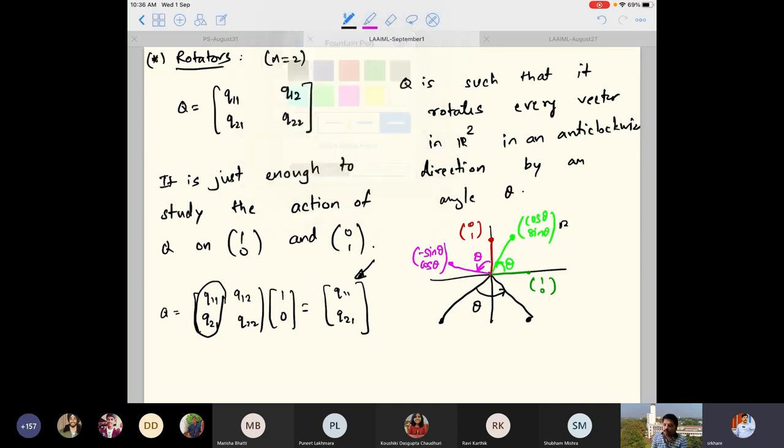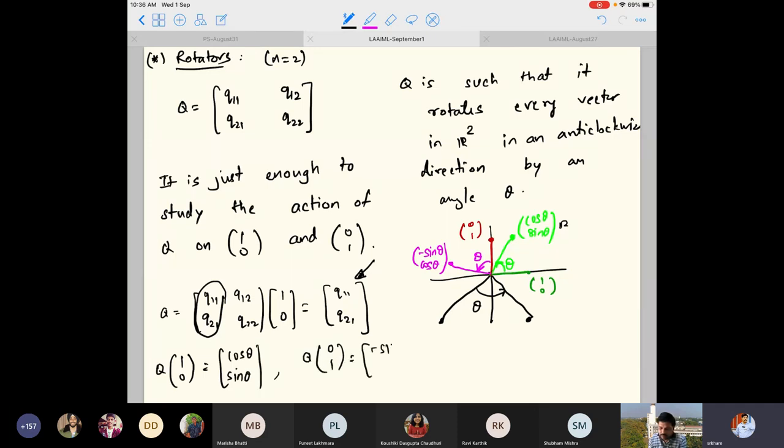So if you see this, then you know the matrix, right? Q of (1, 0) is basically (cos theta, sin theta), and Q of (0, 1) is basically (-sin theta, cos theta). So what is the rotation matrix that we get?